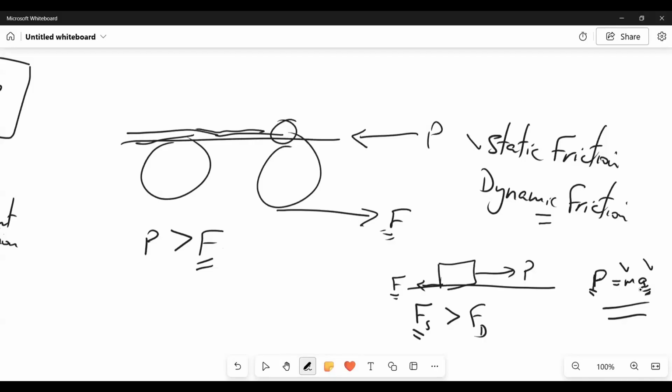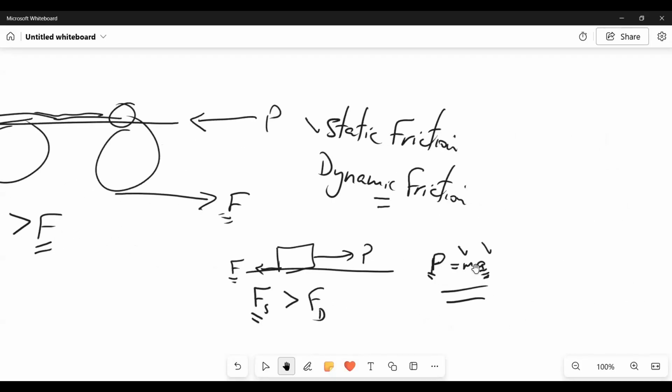So P, let me write that back. So P has to overcome two things. It has to create acceleration on a mass, plus it has to overcome static frictional force, right?